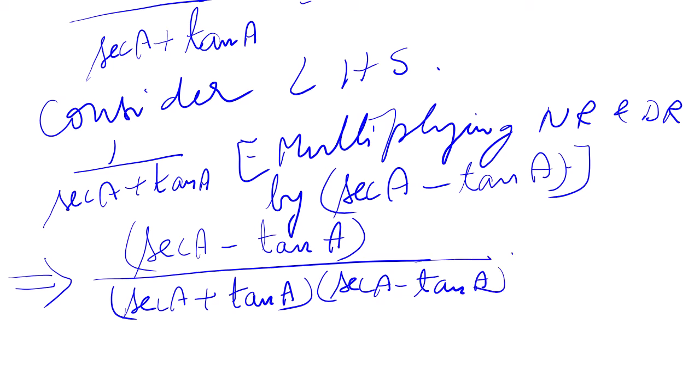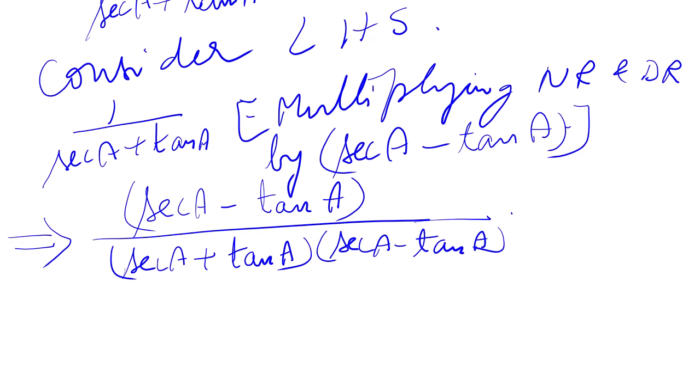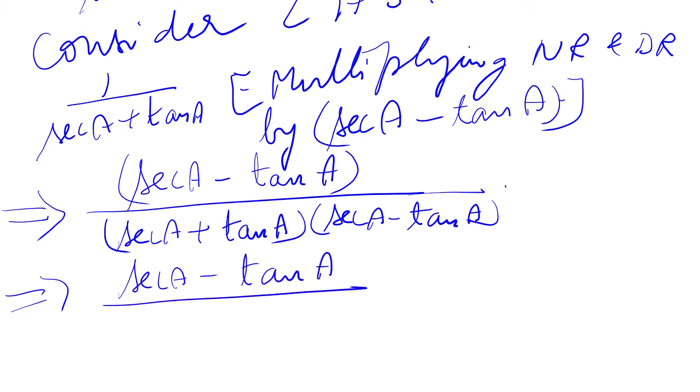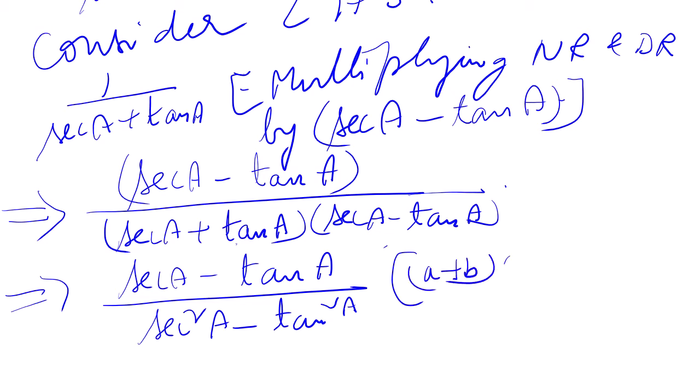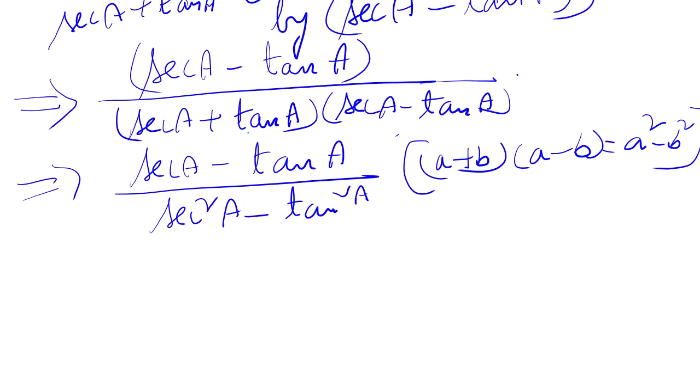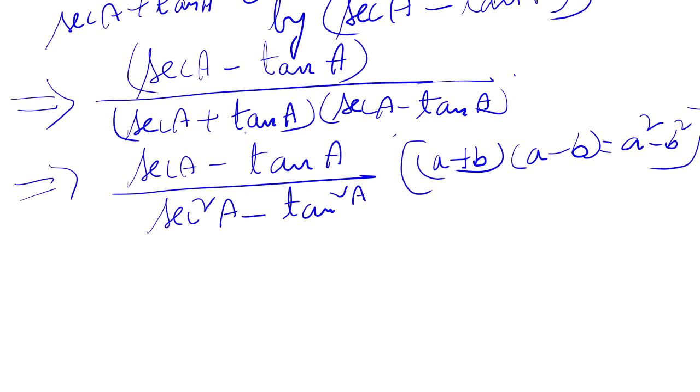Okay, so now this implies sec A minus tan A upon, this is A plus B, A minus B, so sec square A minus tan square A. Here we have used A plus B into A minus B is equal to A square minus B square. Okay, now but what is sec square A minus tan square A?